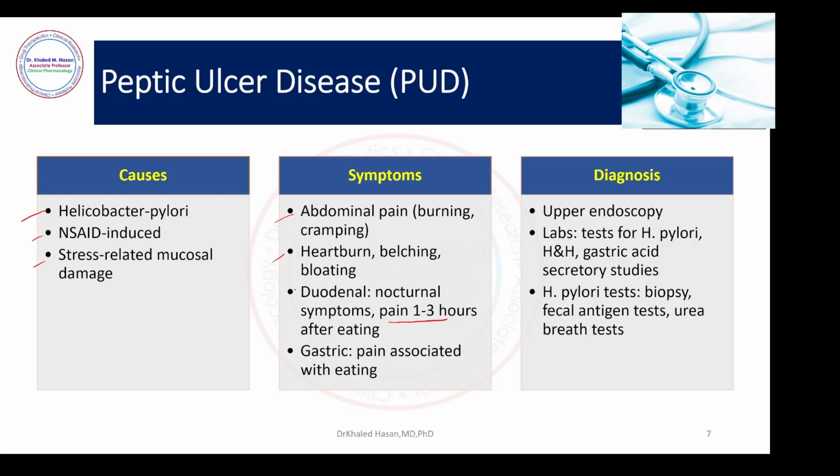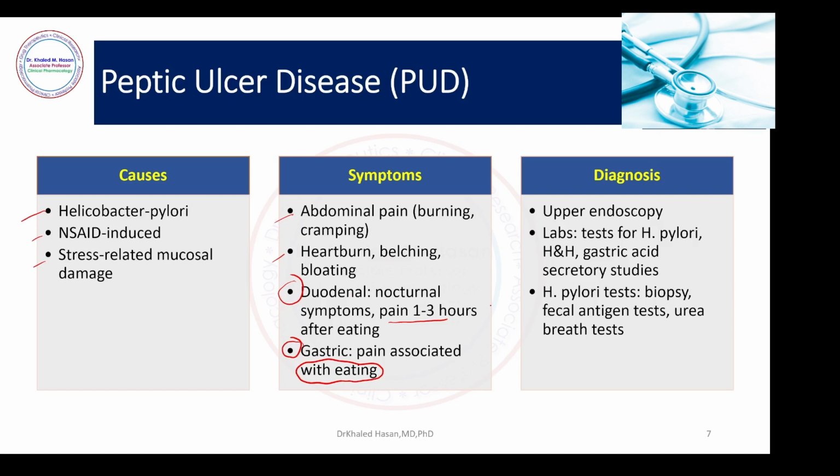With a gastric ulcer, the pain is associated with eating, so when the patient takes food, they start to suffer from pain. With a duodenal ulcer, the pain starts 1 to 3 hours after eating.